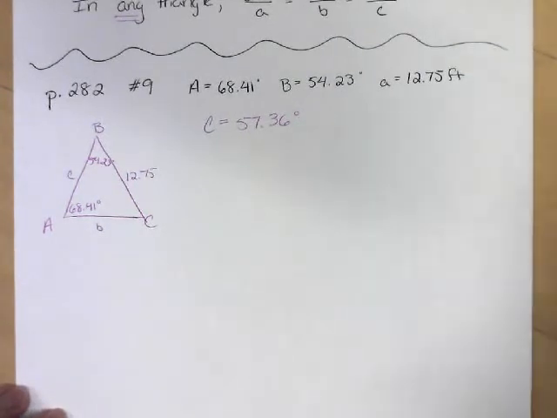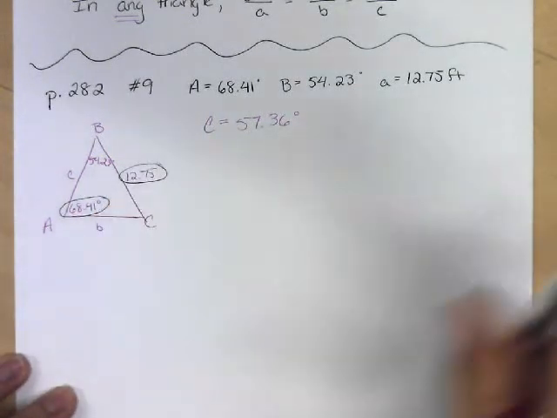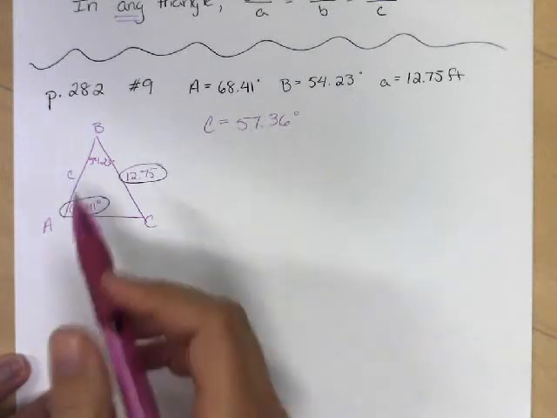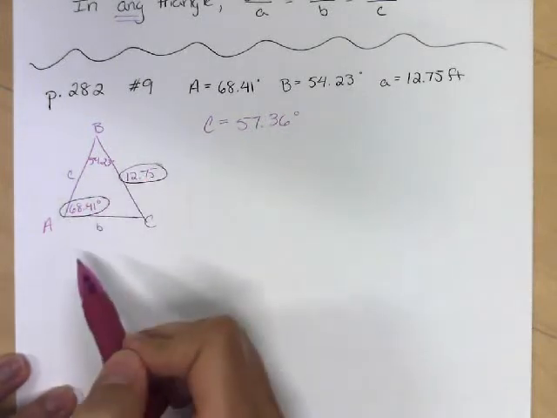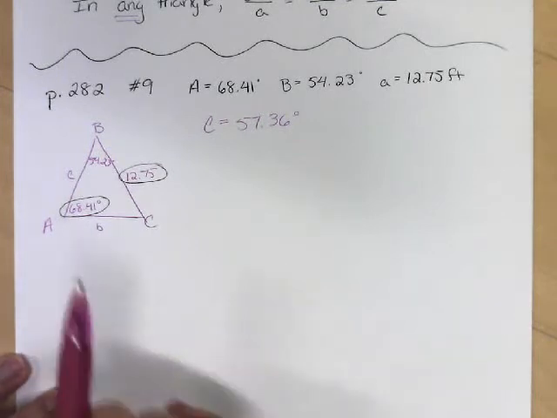Now the first thing we want to notice is what combination we have. We always want to look for an angle and its opposite side. In this case, I have that pair. If you don't, this may be an ambiguous case problem, which we'll be getting into in a couple days.